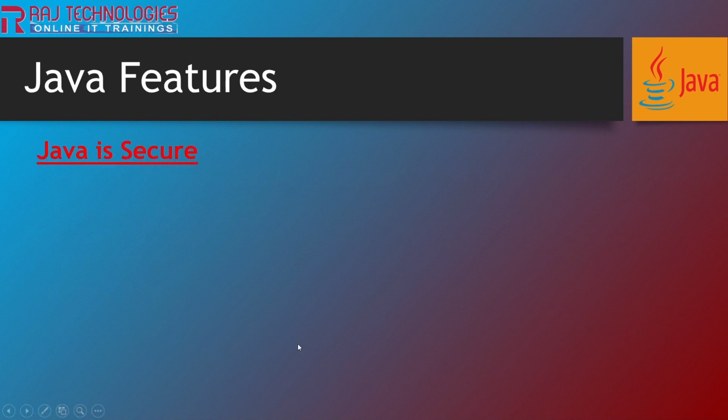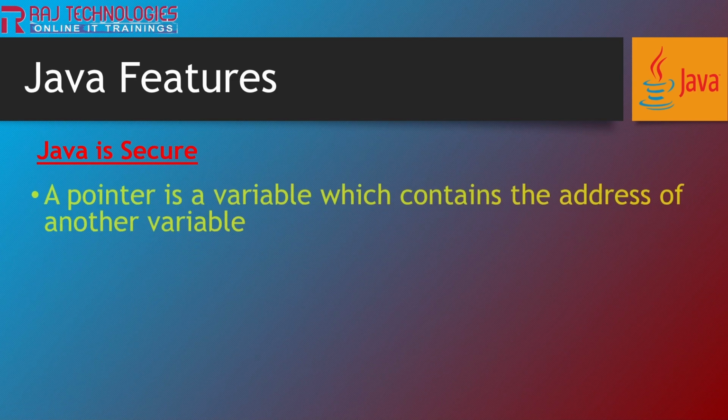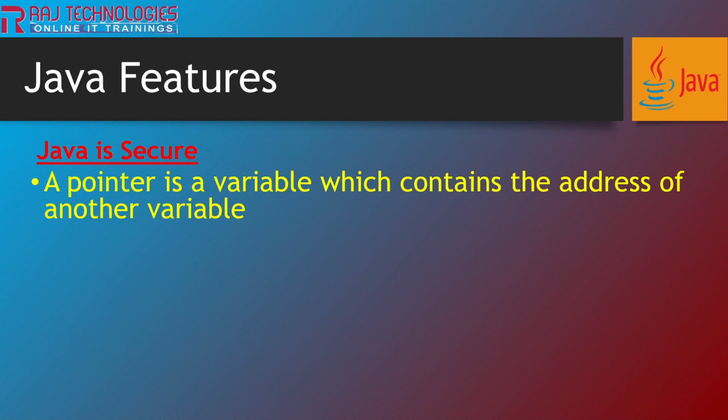One more feature of Java is secure. Before we understand this, let us understand one definition called a pointer. This pointer concept is present in C and C++. A pointer is a variable which contains the address of another variable.